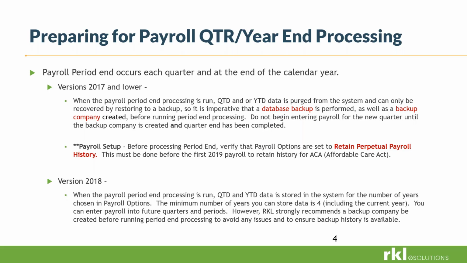The minimum number of years that you can store is 4, which includes the current year. And you do have the ability to enter payroll into future quarters and periods. However, we strongly recommend that a backup company be created before you run your period end processing. This just avoids any issues and makes 200% sure that the history will always be available to you.